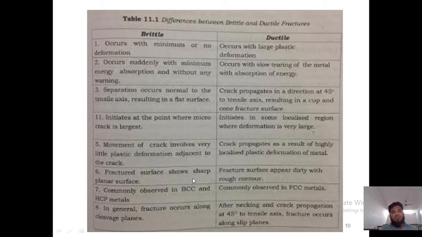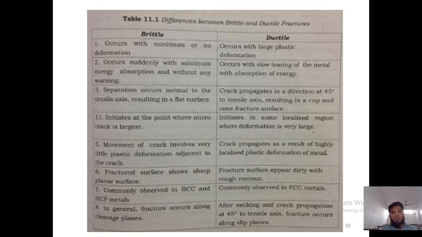Now the brittle fractured surface shows a sharp and planar surface. Sharp means either it will be an edge-like surface or it will be a purely plain surface, whereas the ductile fractured surface appears dirty with a rough contour, because they are attached to one another. While breaking, they still maintain that bond between the atoms.